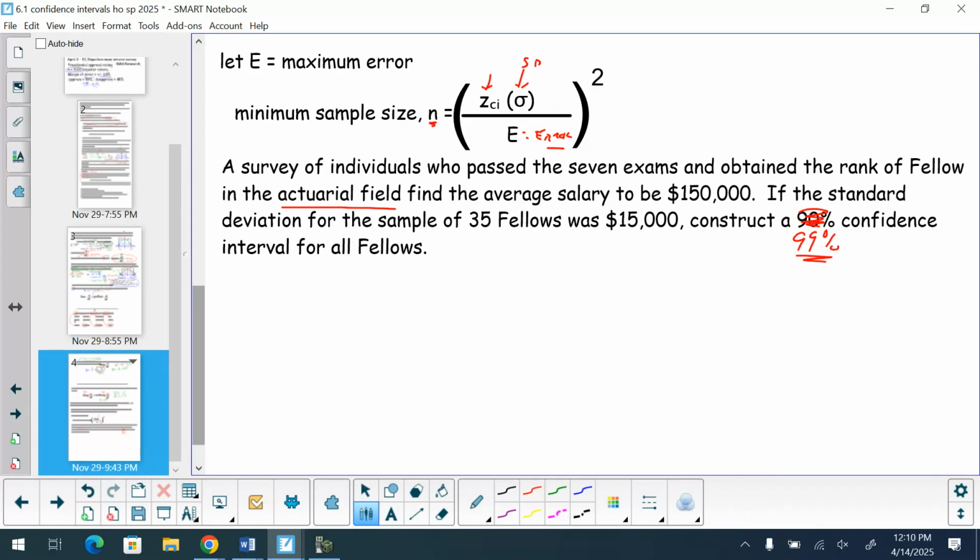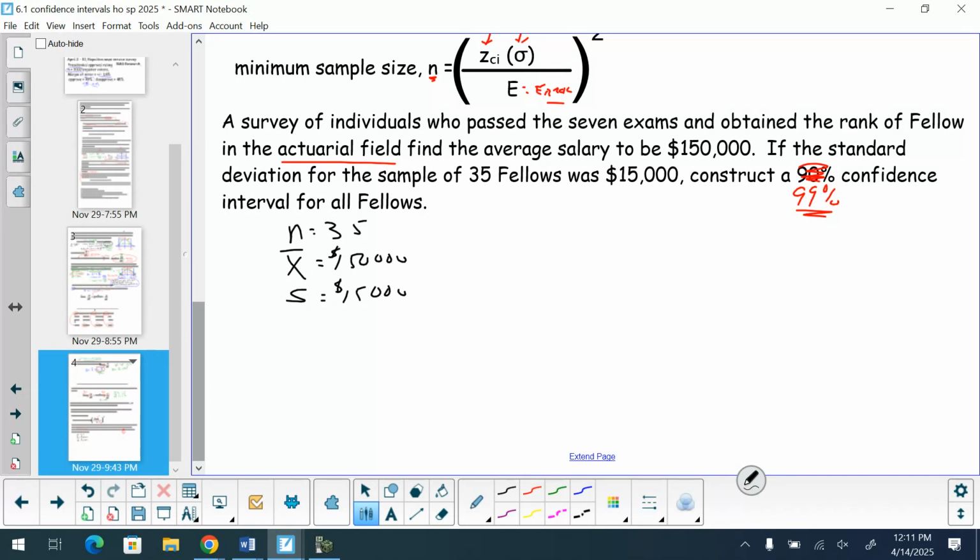So if we take a look at what we have here, we have a survey of fellows who passed 7 exams, with an average salary of $150,000. The standard deviation is for a sample of 35. So we have a sample of 35, their average salary was $150,000, and the standard deviation was $15,000. We want to calculate a 99% confidence interval for the population mean.